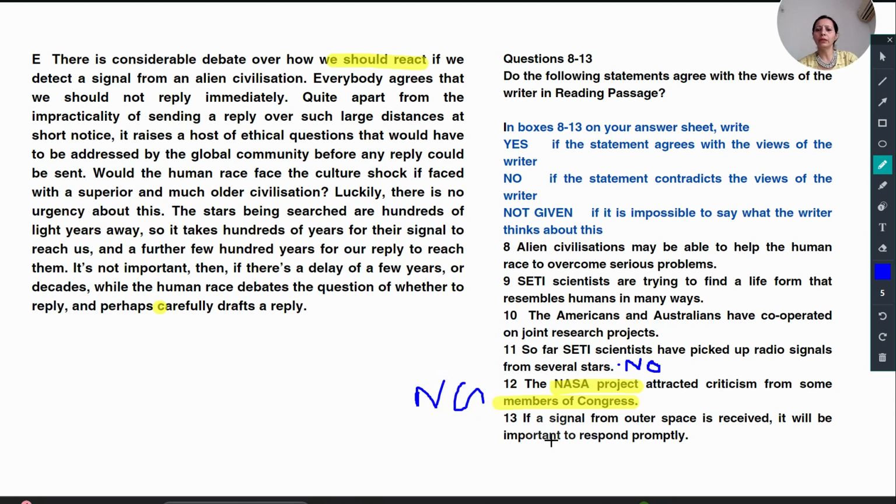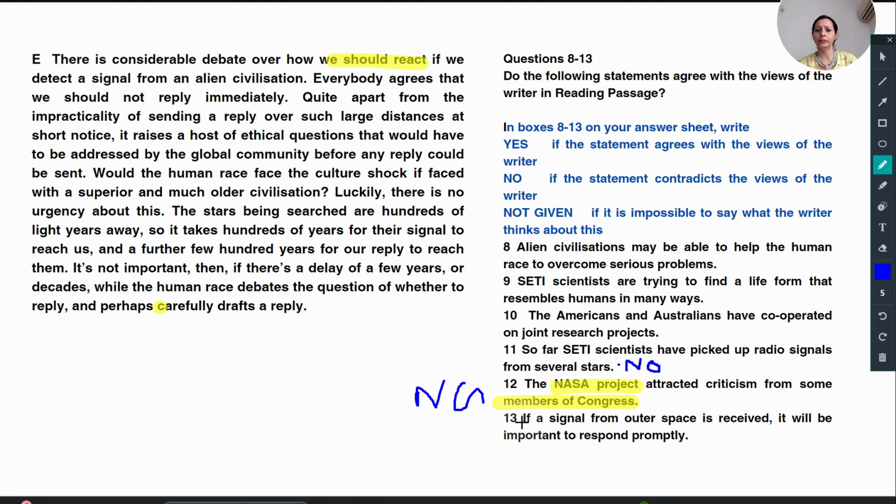So 13 number, if a signal from outer space is received, it will be important to respond promptly. Why is it important to respond promptly? Promptly means shortly, at a moment. So they are saying there is a considerable debate over how we should react if we detect a signal.